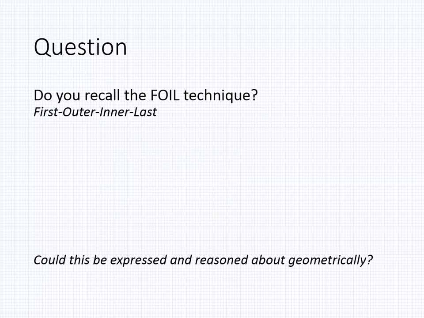Keep that in mind as we again reach back into our memories of algebra and remember this technique that you may have learned called FOIL. FOIL is an acronym that stands for first, outer, inner, last, and it refers to the task of multiplying two expressions like this: x plus y times x plus y.